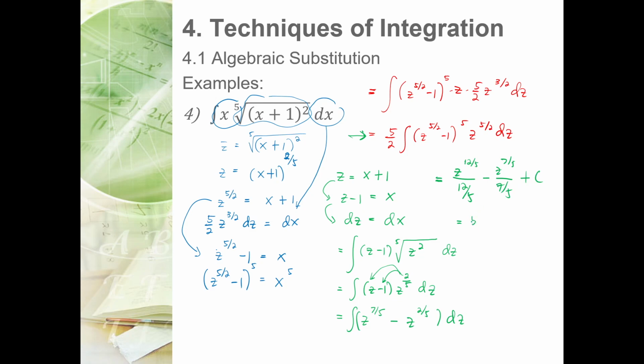So this becomes 5z to the 12/5 over 12 minus 5z to the 7/5 over 7 plus c. Again, bringing back the value of your z parameter: 5(x plus 1) to the 12/5 over 12 minus 5(x plus 1) to the 7/5 over 7 plus c.